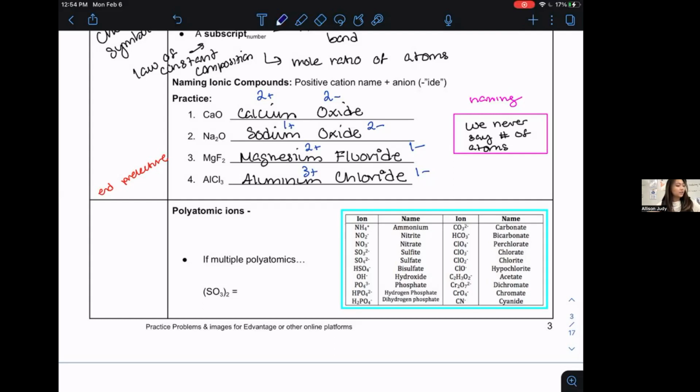And these ions are a group of covalently bonded atoms that together carry a charge. That word covalently bonded is going to matter, because that's a different type of bonding structure. So it's actually a bonding within a bonding to act like one type of bond.